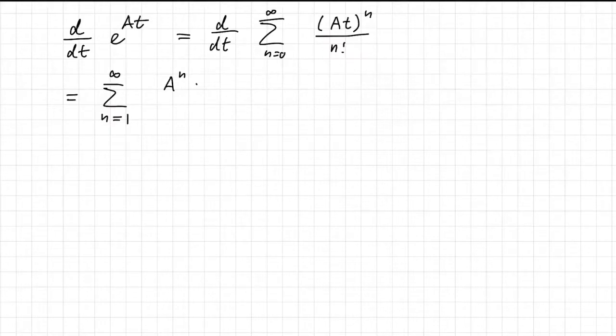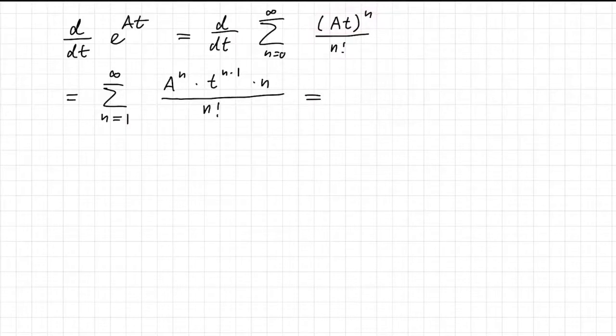That is, we take the derivative, so we just get t to the power of n minus 1 times n, divided by n factorial. So, well, here I can take A and t to the power of n individually because t and A commute. t is just a number, so I can just pull that one out.